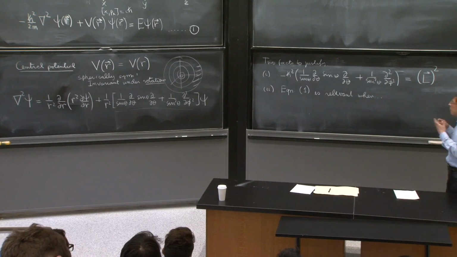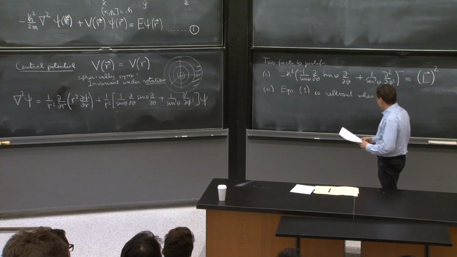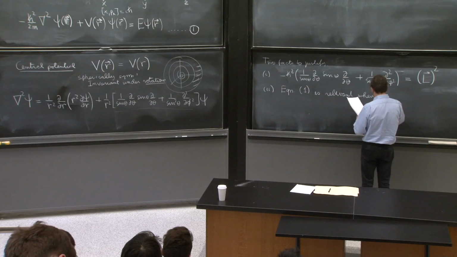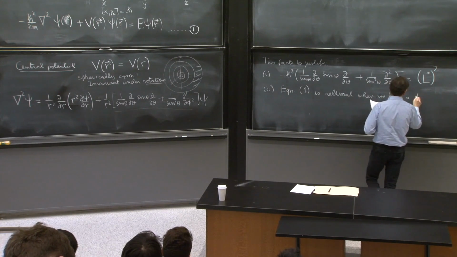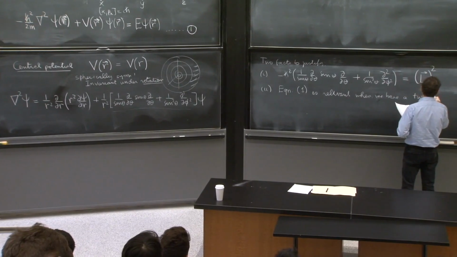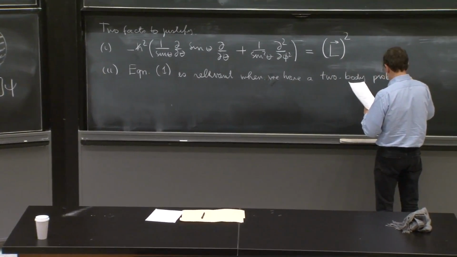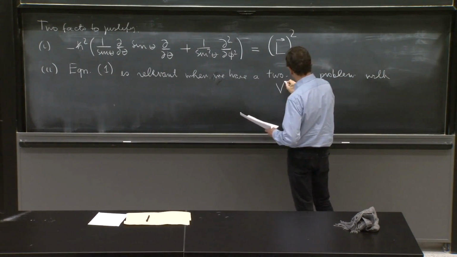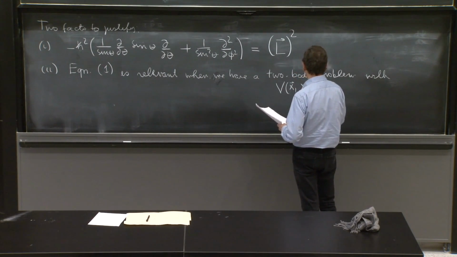If you really want to understand what's going on, equation 1 is relevant when we have a two-body problem with a potential function V of x1, x2.